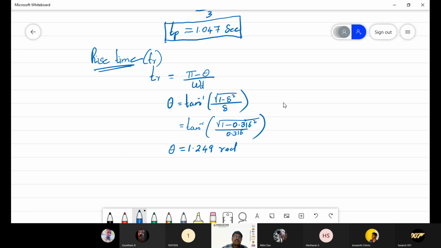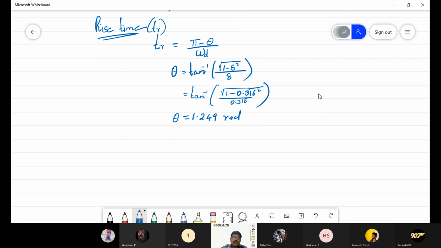So all other values you now know, right? We know the omega d value, you know the pi value, that is 3.14, and the theta value. Now you substitute here, that is tr is equal to pi value, 3.14, minus theta value 1.249, divided by the omega d value.